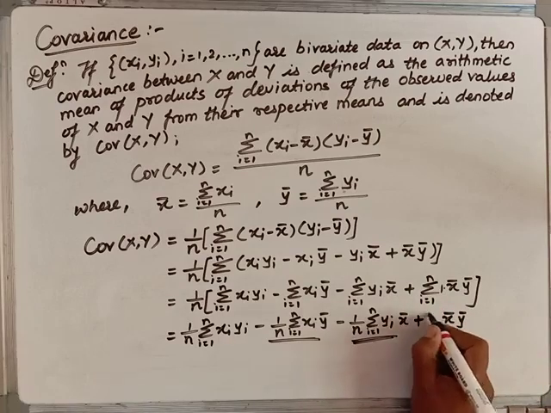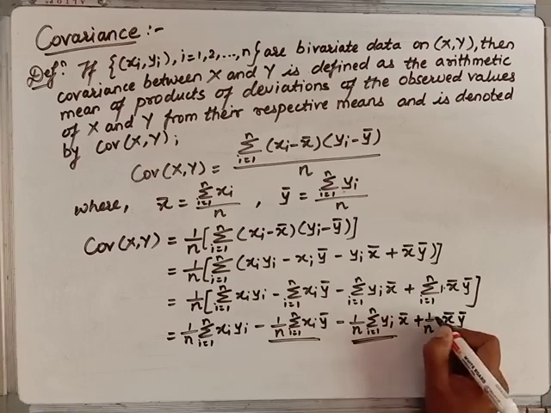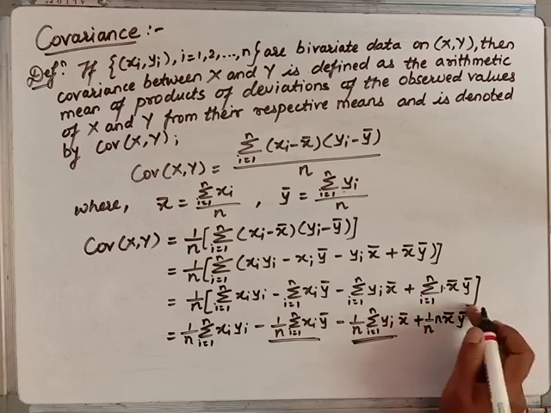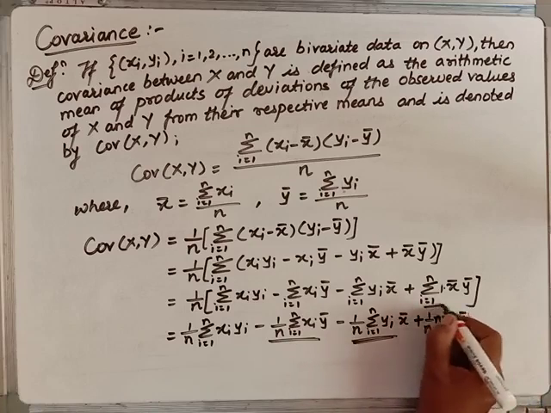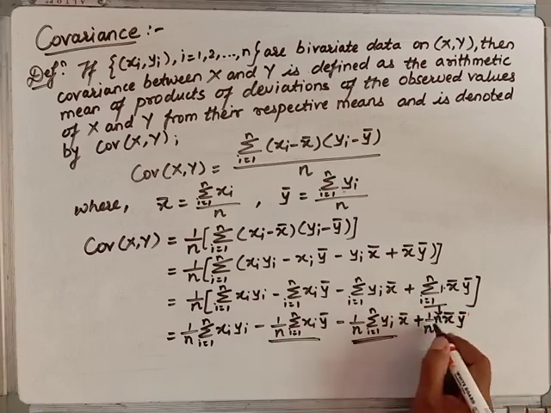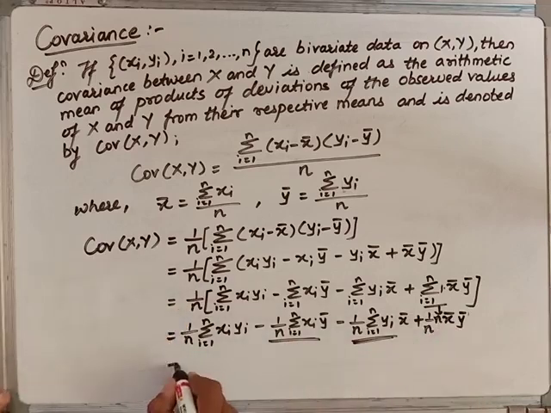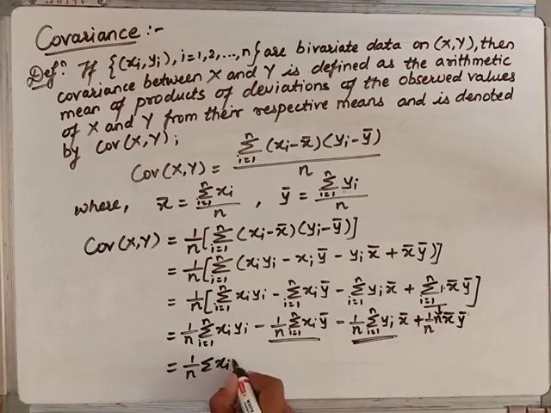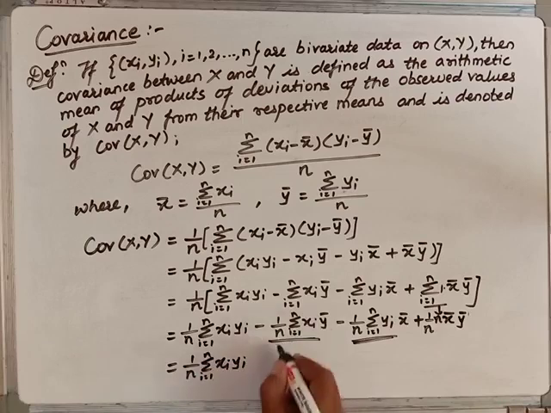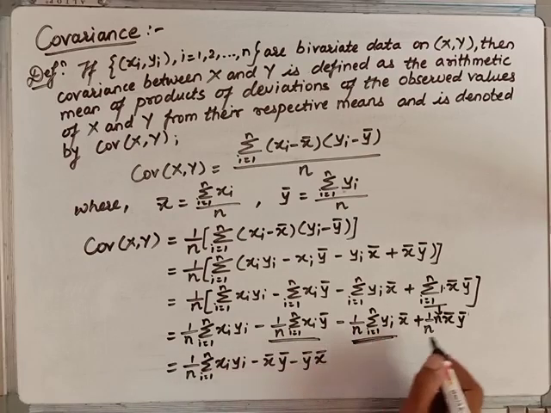But sorry, here one more thing: 1 upon n into n will occur, because this n is from this summation and this 1 upon n is the one we have multiplied by. So here we get 1 upon n summation xi yi, obviously i from 1 to n. Here, as I have explained, it is x bar y bar. This is also y bar x bar, sign remains same.